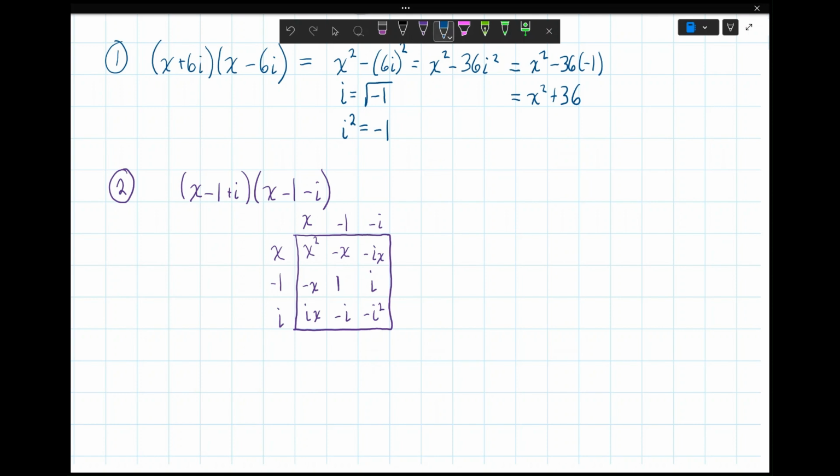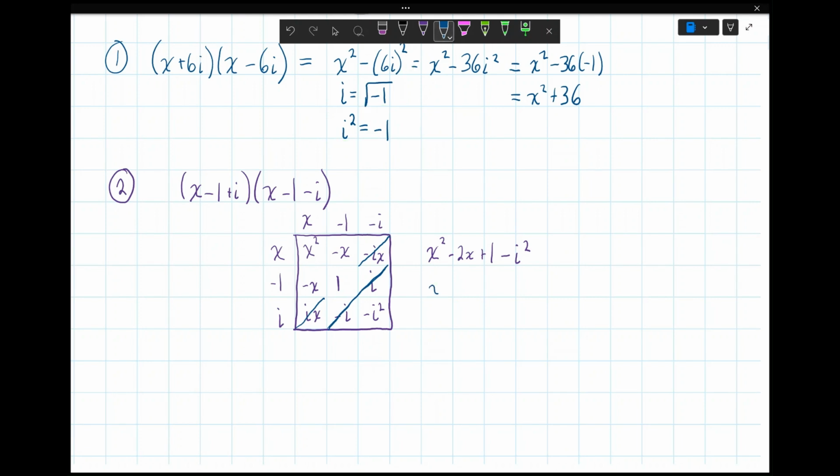Now, the first thing I notice is some nice things happen. First, i plus negative i is just 0. And ix plus negative ix is also 0. Those subtract each other out. So in the end, I end up with x squared minus 2x plus 1 minus i squared. But remember, we talked about before that i squared is negative 1.